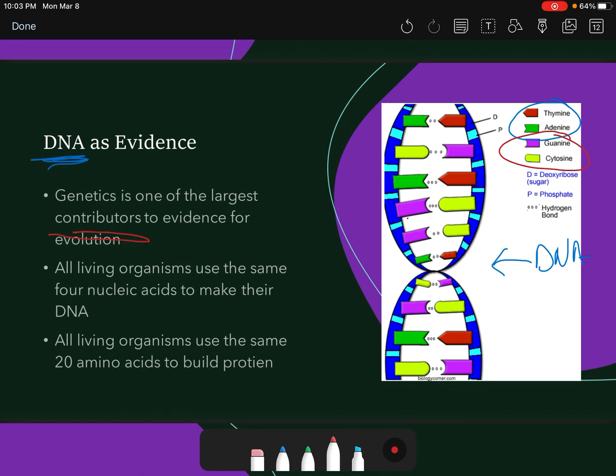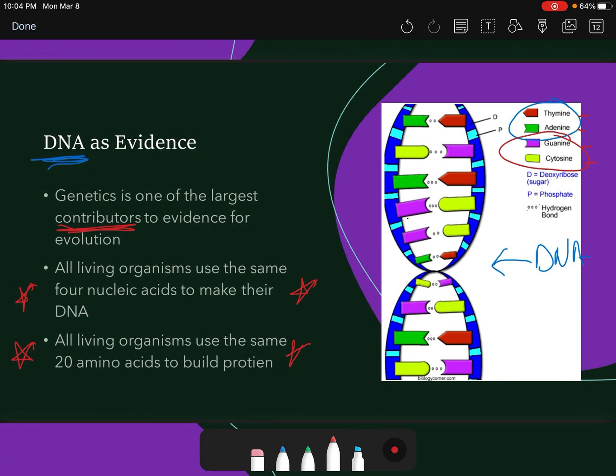Alright, so genetics is one of the largest contributors to evidence for evolution. Just a couple of things really illustrate this point. All living organisms use the same 4 nucleic acids to make their DNA. Again, that would be thymine, adenine, guanine, and cytosine, or AGCT. And all living organisms use the same 20 amino acids to build proteins.